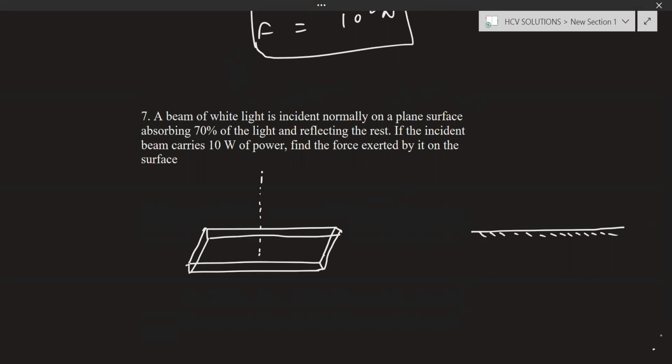So let us suppose the light is incident like this, normally, and the number of photons per unit time is dn upon dt.